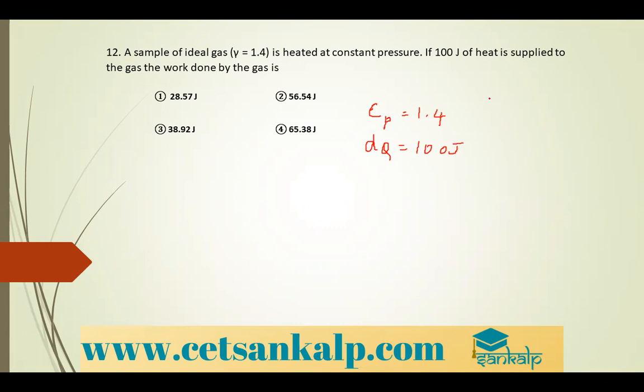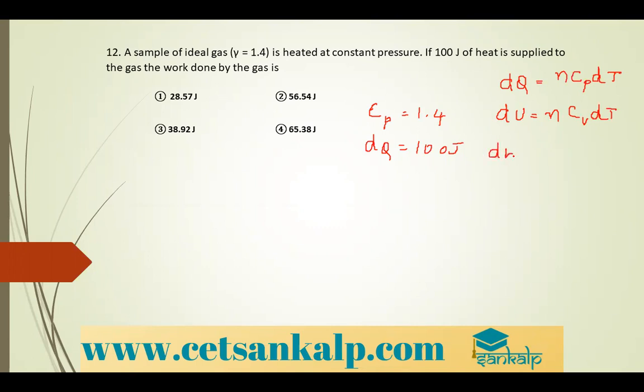they have asked. Okay, so you have the formula dQ is equal to n Cp dT. Then dU is equal to n Cv dT.